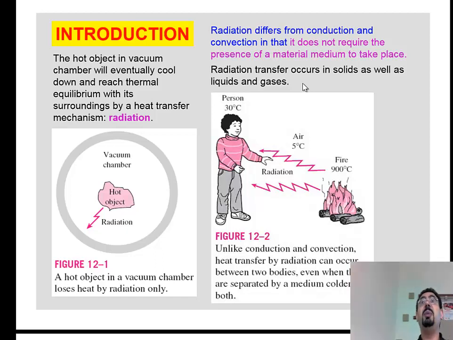If you are at a camping site and you want to get warm, all you have to do is put your hand in front of the flame, and you will feel the heat. You don't have to put it on top of the flame to get the hot air, right? If you have a fire, all you have to do is basically put your hand nearby, right?